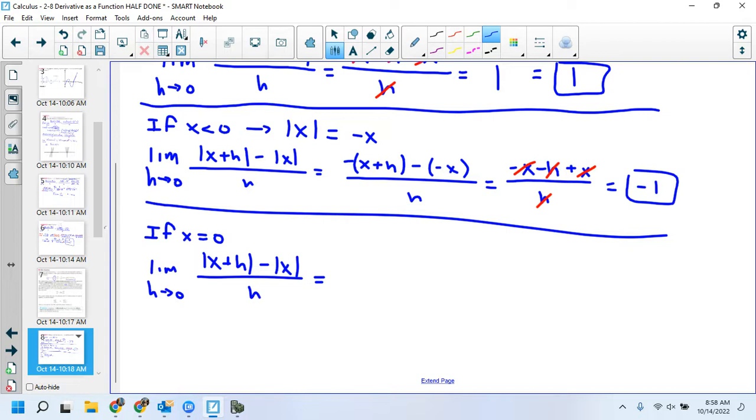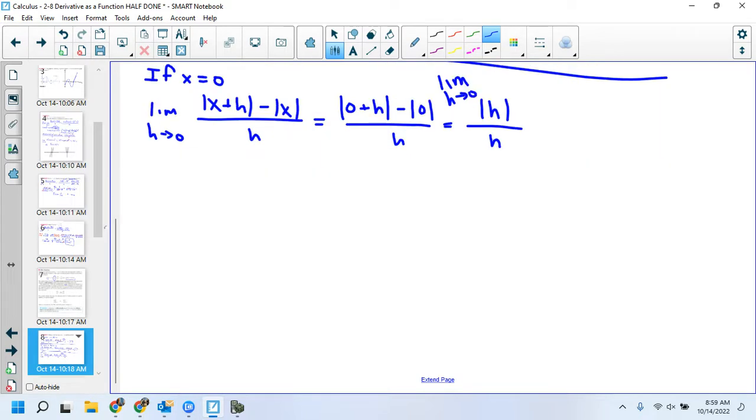Well, if x is 0, that's true, right? We've done this before. We've found this limit before. You may not remember, but let's run it through just in case we don't remember.